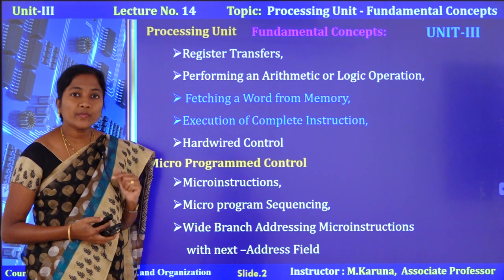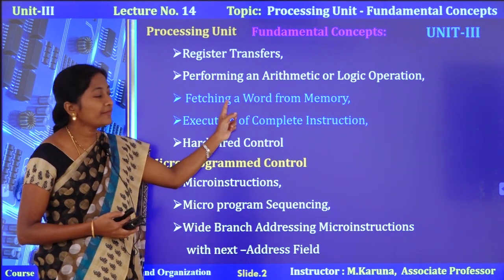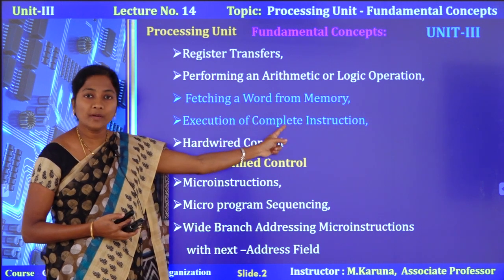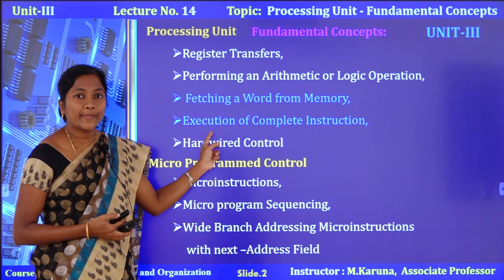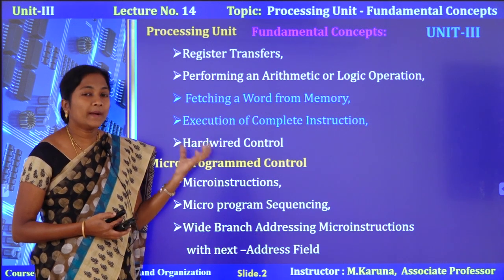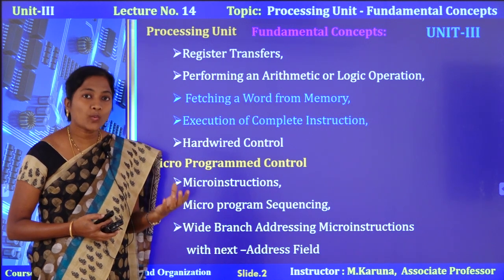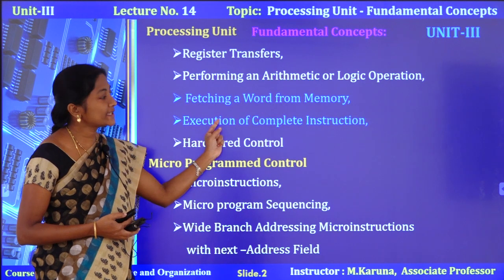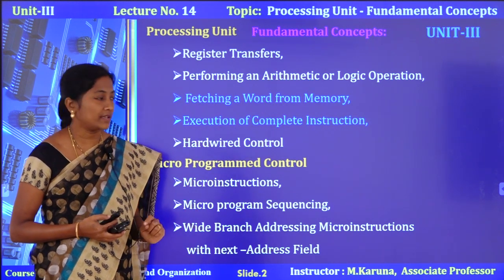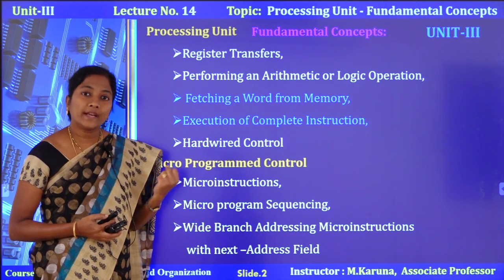In this video we will concentrate on how the processor fetches a word from the memory, and also we will discuss the complete instruction sequence required to execute one instruction, that is, execution of a complete instruction. To execute this instruction, control signals are required.